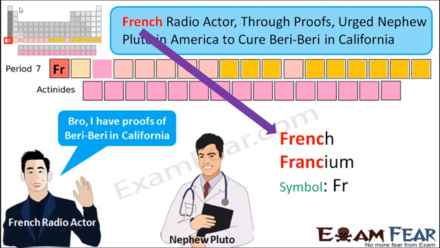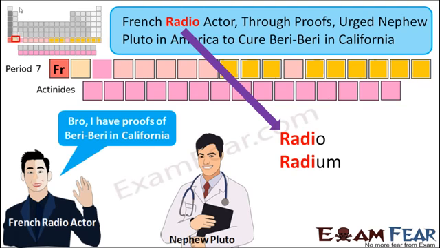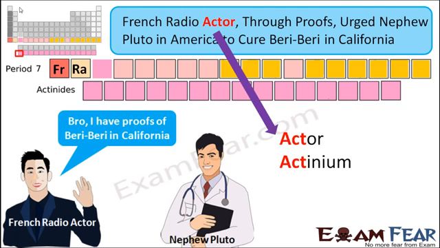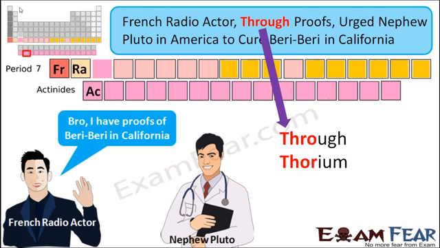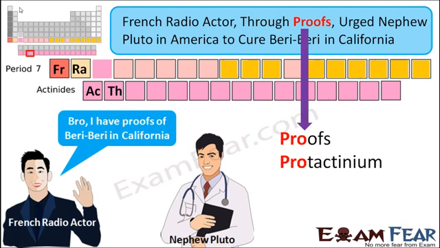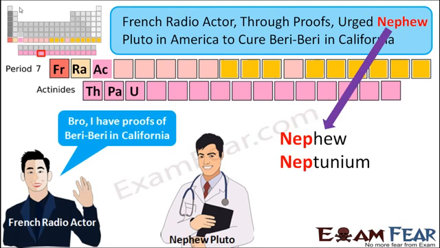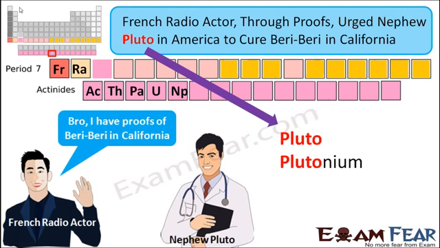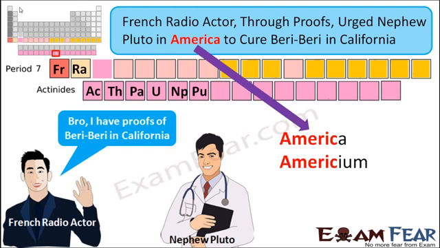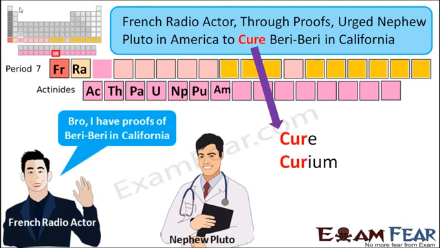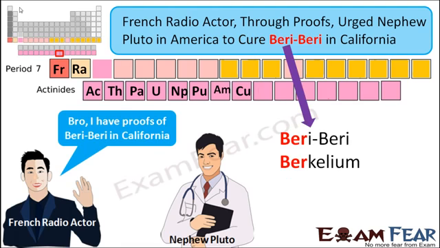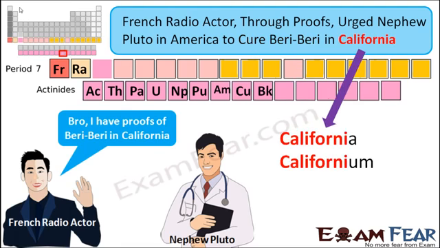So here French reminds of francium with symbol Fr. Radio reminds of radium, actor for actinium, through for thorium, proofs for protactinium, urged for uranium, nephew for neptunium, Pluto is plutonium, America is americium, cure is curium, berry is berkelium, and California is californium.